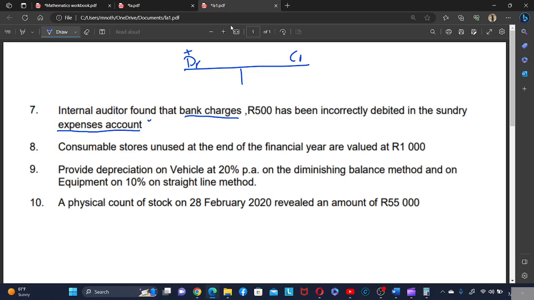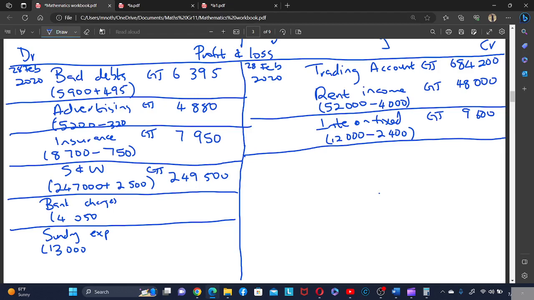It does not belong in the sundry expense account, it belongs in the bank charges. But then it was debited to the sundry expense account. So because this 500 Rand does not belong in the sundry expense account, we must go and decrease it from the sundry expense account. And then is the 500 Rand for what? For the bank charges. So we must go and add it where it belongs. So it's going to be 4,550. And then we're going to have 12,500. Right?